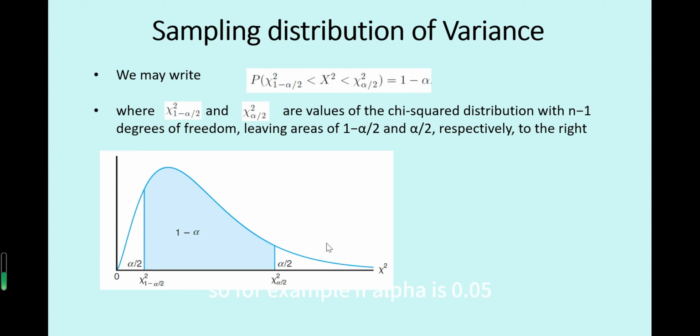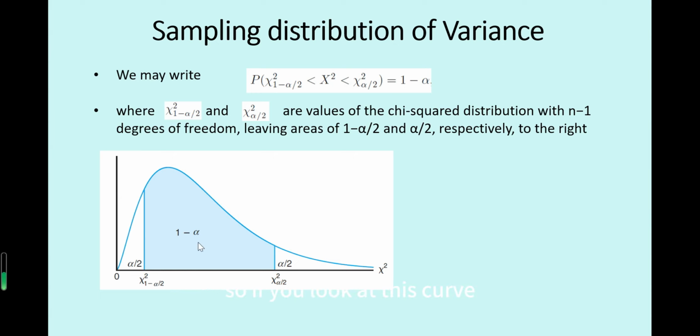For example, if alpha is 0.05, the probability that this statistic value is between chi-square 0.975 and chi-square 0.025 is 0.95. So 0.95 is the confidence level and alpha is the significance level.